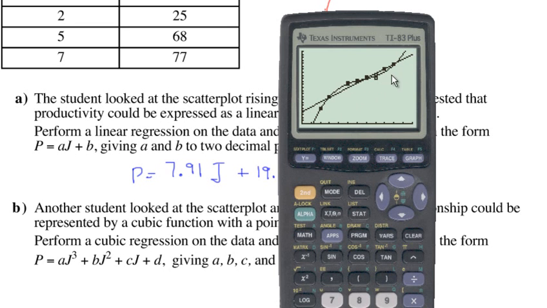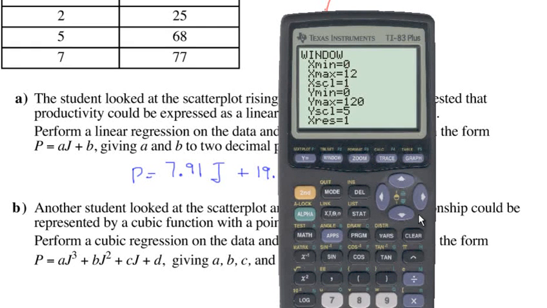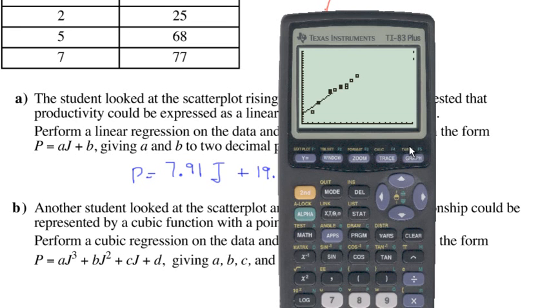I admit, within this range, or within this domain, the cubic is actually a pretty good fit. My hesitation came from what happens if you go a little further out. Here you can see the linear fits this really well, and the cubic starts to spike up really rapidly, which I thought would be unrealistic.